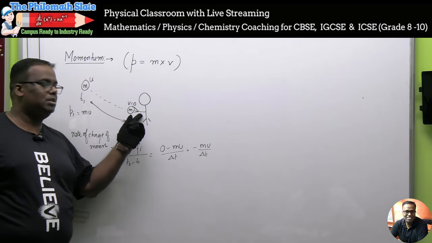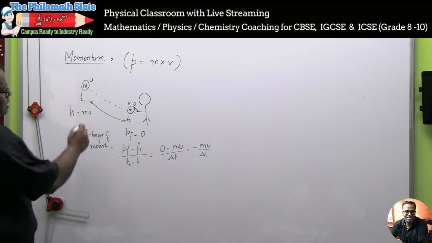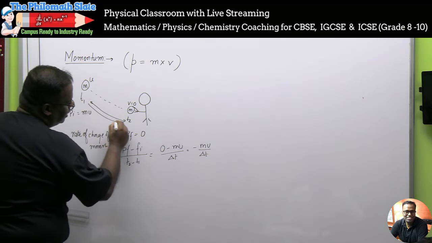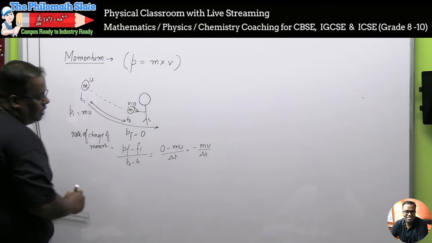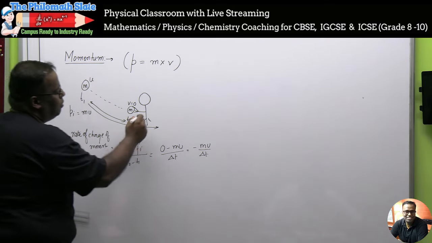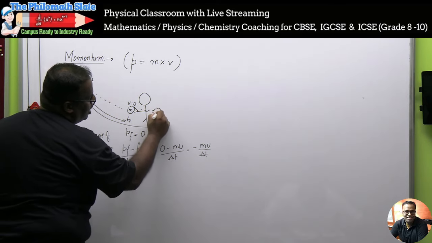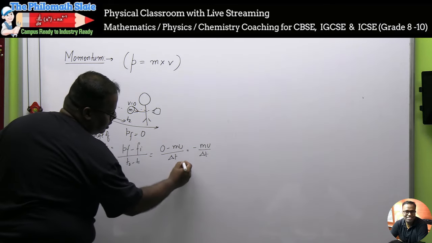The moment I catch it, velocity becomes 0, mass remains m. What I can also do is increase the time span of catching it. Catch it later: instead of putting my hand here, I take my hand backwards, somewhere here, and catch the ball here. So don't you think the denominator has gone up?